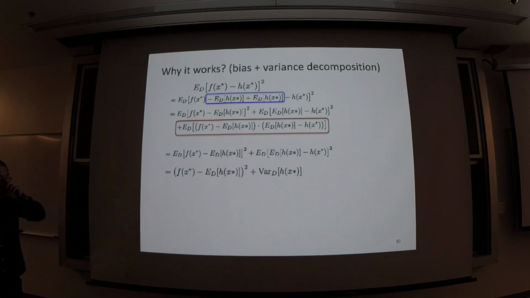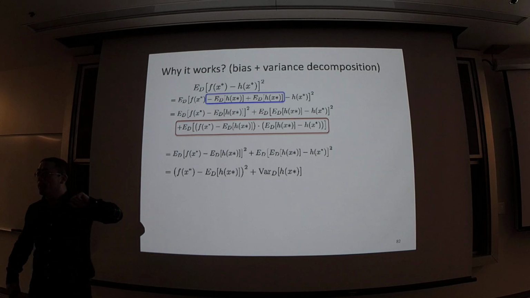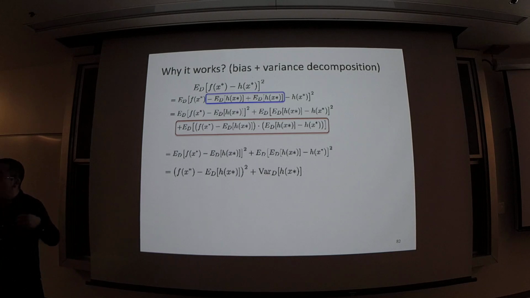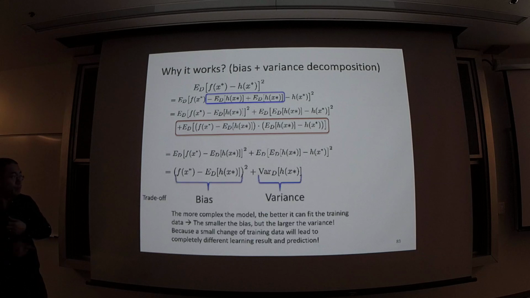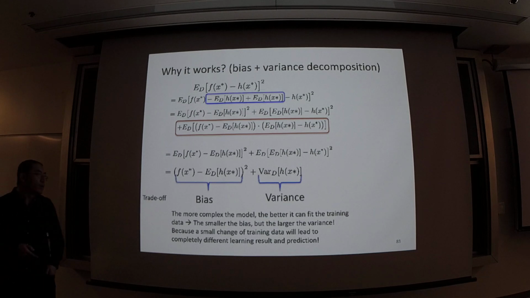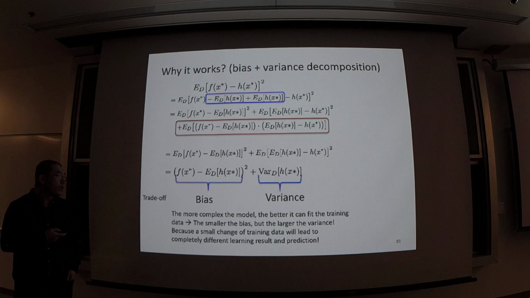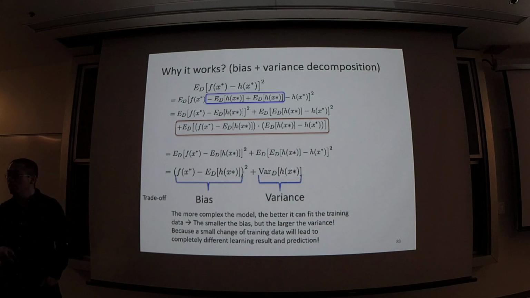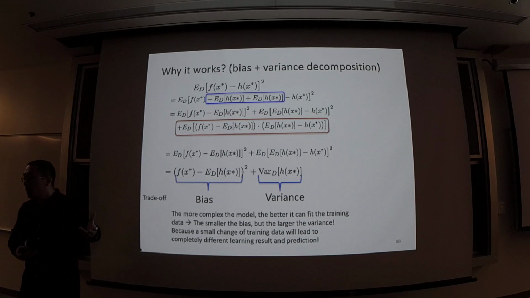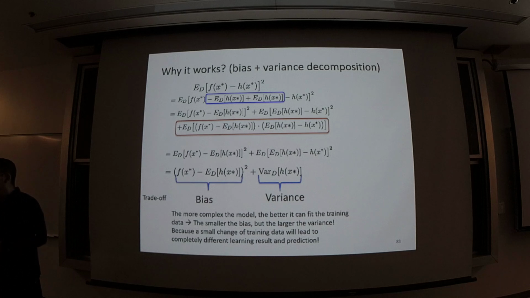Now we come to a very meaningful and well-known decomposition, called the bias-variance trade-off. The first term, the squared difference between your ground truth and your expected prediction, is called bias. Basically, it means on average how far away your learned classifier's prediction is from the ground truth.